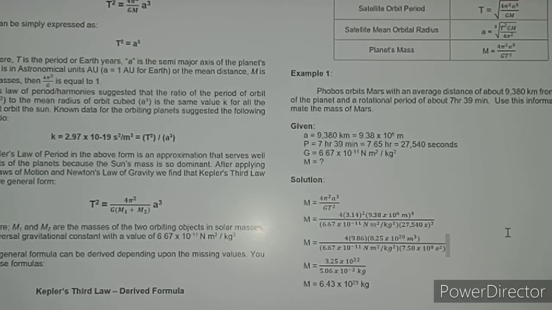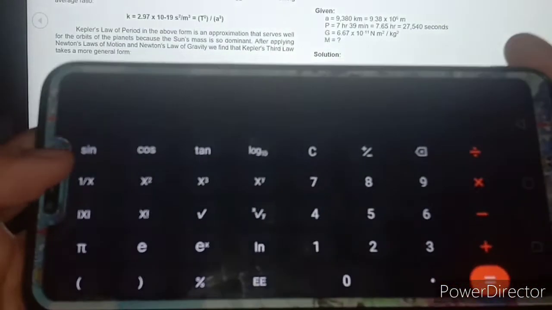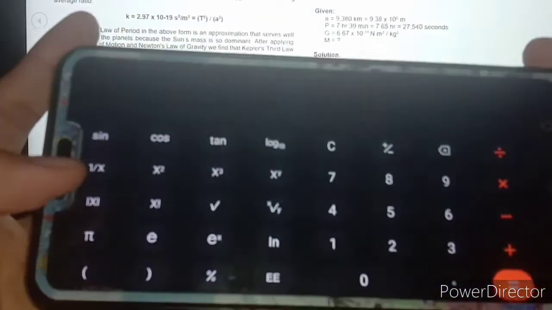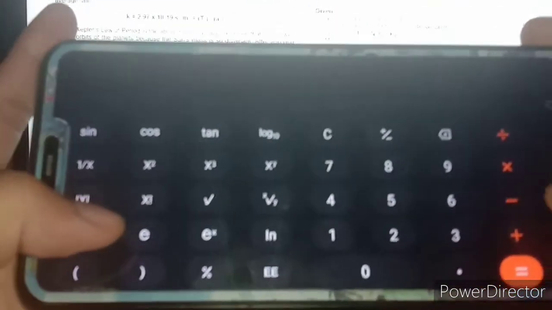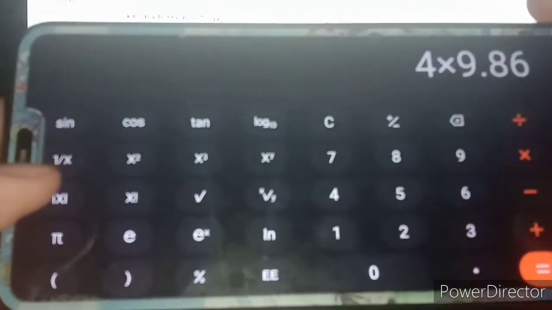So, next is magmumultiply na tayo sa lahat ng nasa numerator and then sa lahat ng nasa denominator. So, if you are using cellphone, so ganito lamang po yan. So, to get the value or the product in the numerator, so we have 4 times 9.86 times.